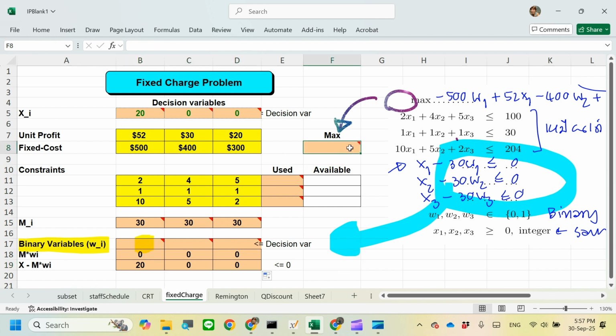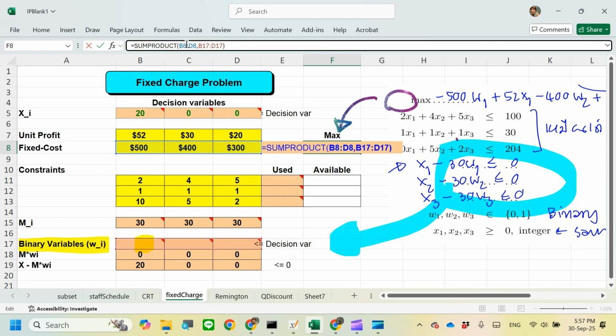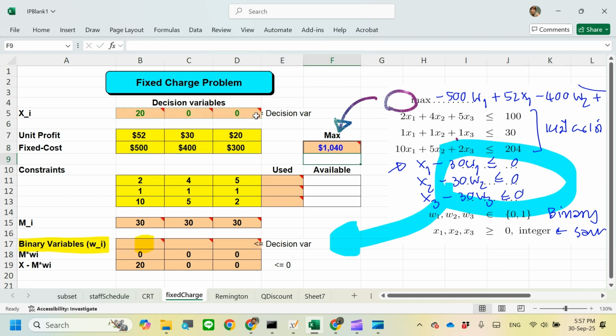So we want to maximize total net profit. So we use SUMPRODUCT of the fixed cost. We have to make it negative because we pay for the setup cost, and then we multiply with the unit profit. And then we have to figure out the amount of resource used.